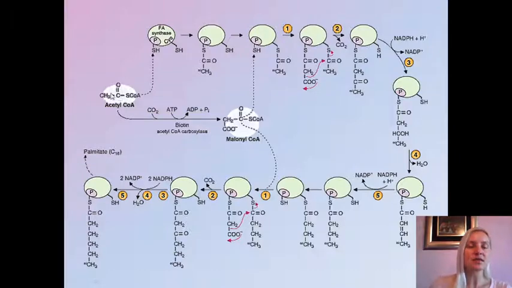This is acetyl coenzyme A entering fatty acid synthesis, and here is the attachment of the acetyl group to the SH group of ACP protein. Acetyl coenzyme A is also involved in carboxylation to malonyl coenzyme A by the action of acetyl coenzyme A carboxylase.